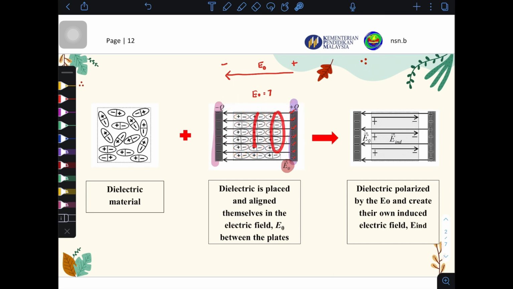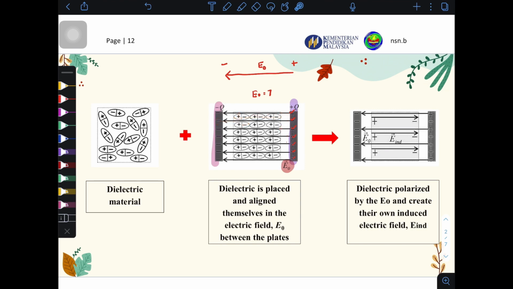Maksudnya all the negative charge yang berada dalam dielectric material akan menghala ataupun attracted to the positive plate. Dan menyebabkan daripada random tadi, kita punya dielectric materials dah tersusun macam ini. Positive attracted to the negative plate, negative attracted to the positive plate.